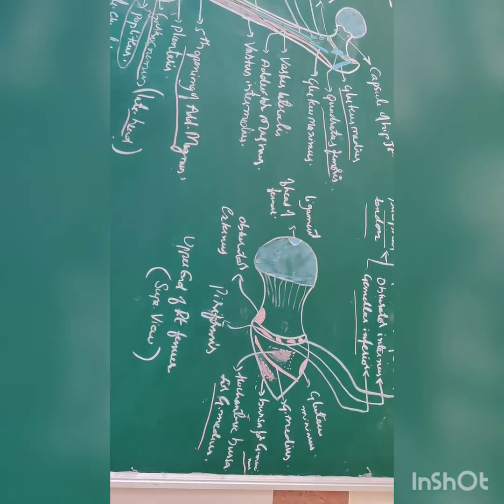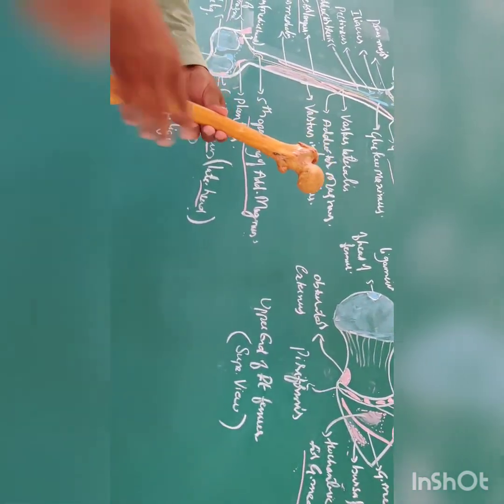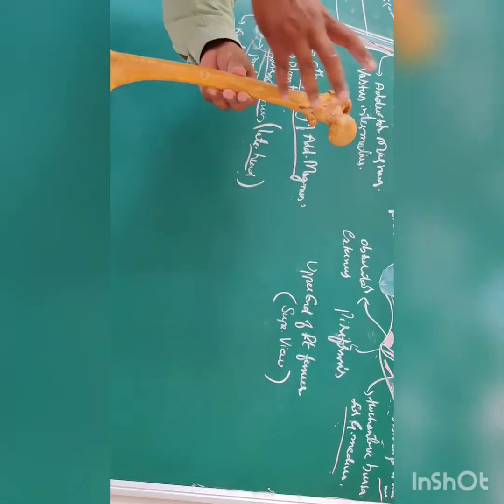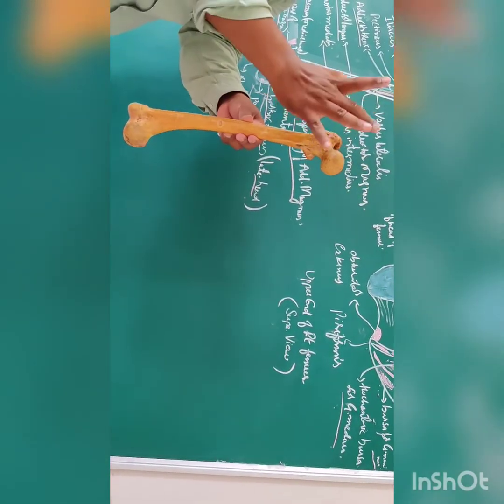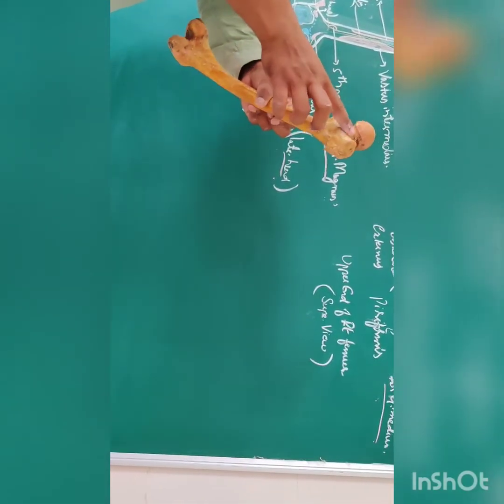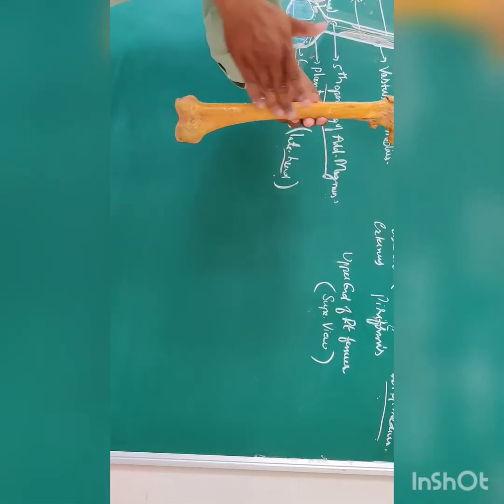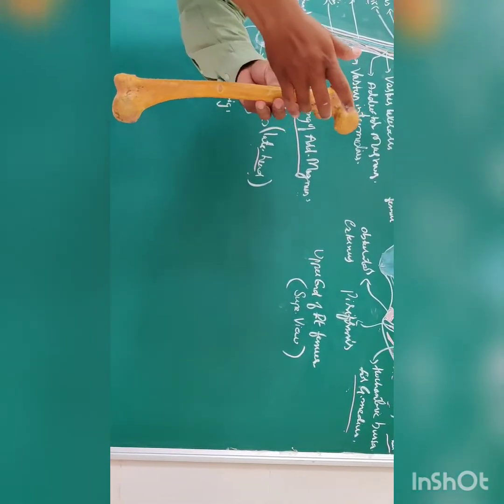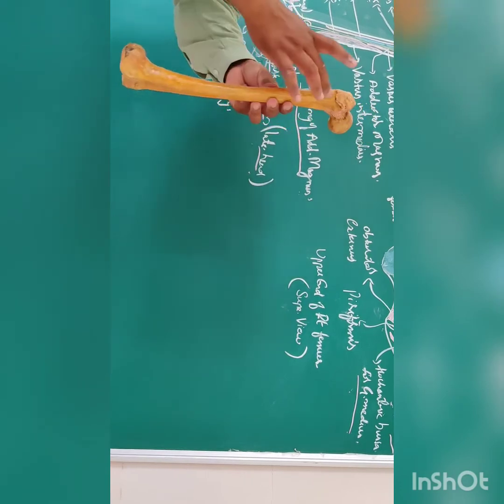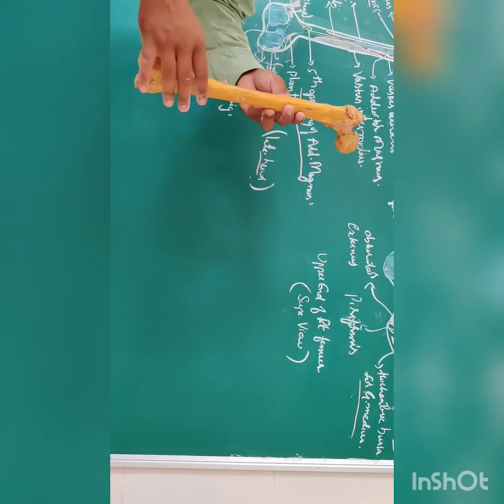We have discussed almost all the points related to the femur. That it has got upper end, shaft and the lower end. Upper end has got head, trochanter, lesser trochanter, intertrochanteric line, intertrochanteric crest. Anterior surface, medial surface, lateral surface, the posterior surface, and the popliteal surface. There are 5 surfaces for the shaft.